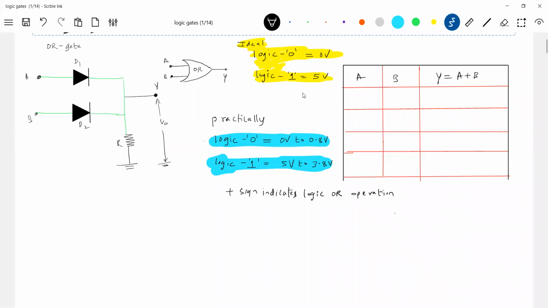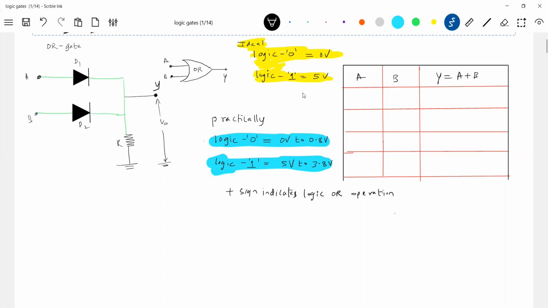Boolean algebra came around 1850. Then after diodes, we started implementing this, and it became very simple. Machines are automatic, everything is automatic, because of logic gates only.